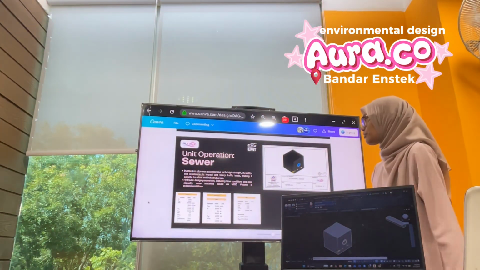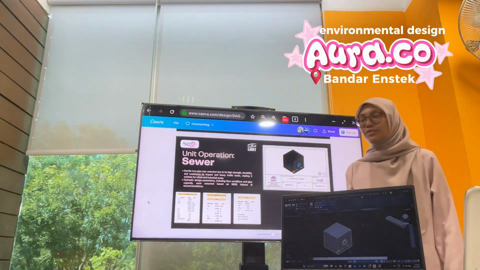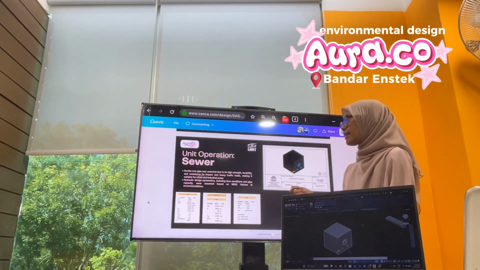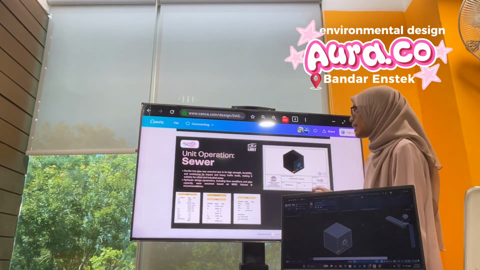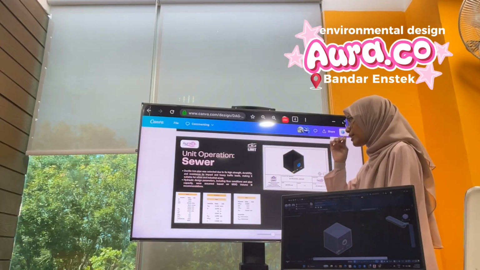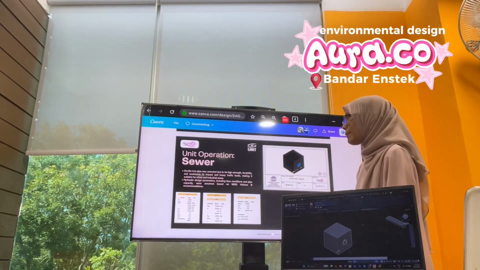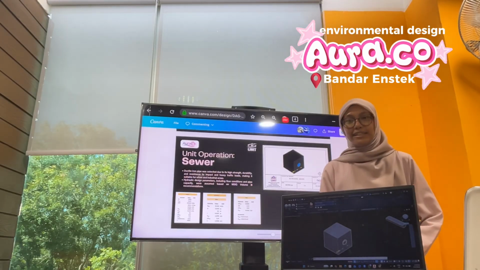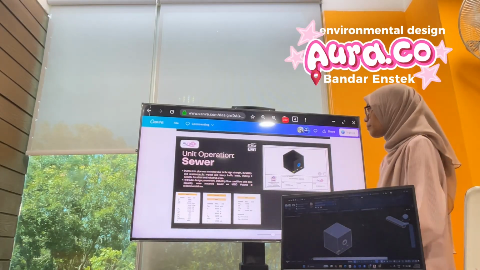Okay, so this is our final design of first unit operation, which is sewer. Ductile iron pipe was selected due to its high strength, durability and resistance to impact and heavy traffic load, making it suitable for urban and industrial area for Bandar and Stack.